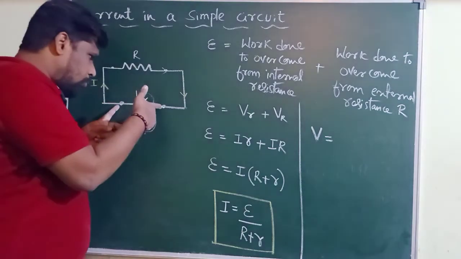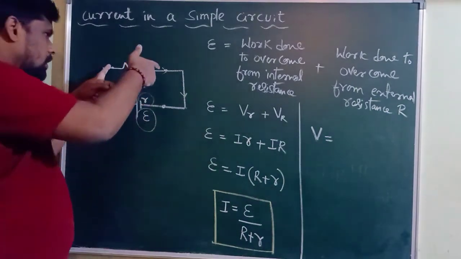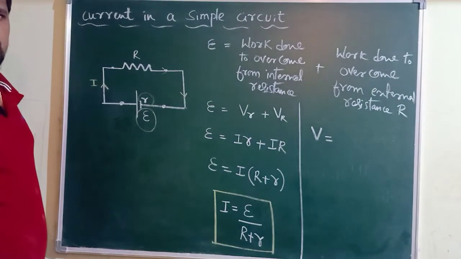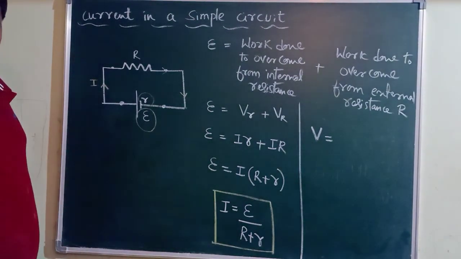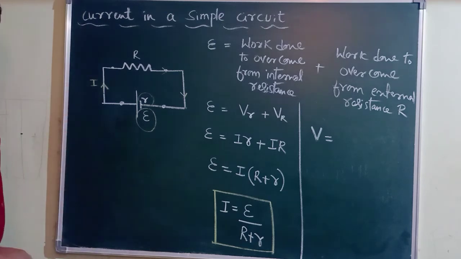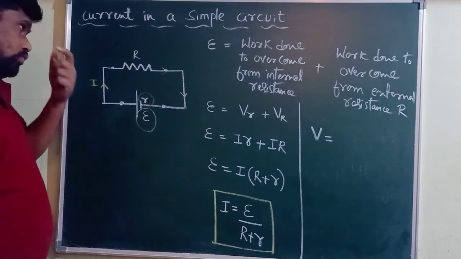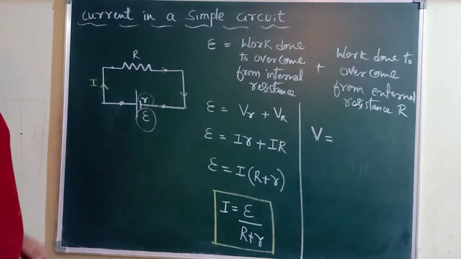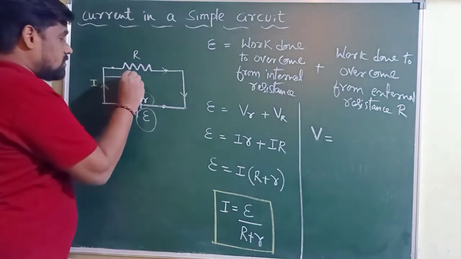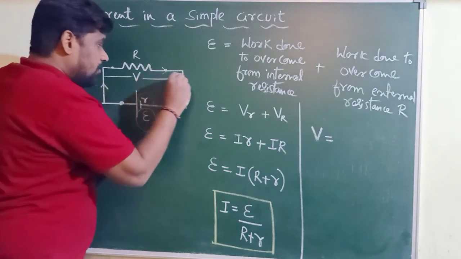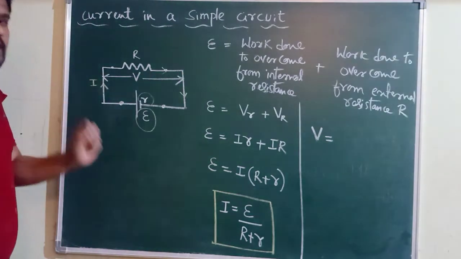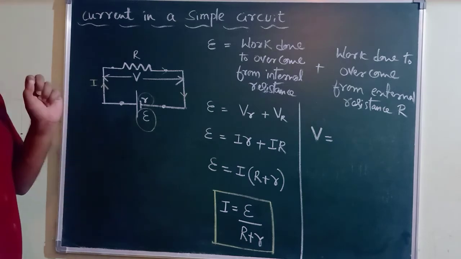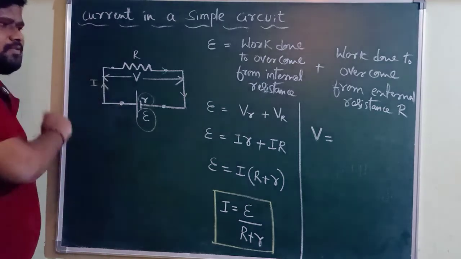You measure the potential difference here or here, and definitely the potential difference will be the same. That means terminal potential difference is numerically equal to the potential difference across the external resistance. Understand this.